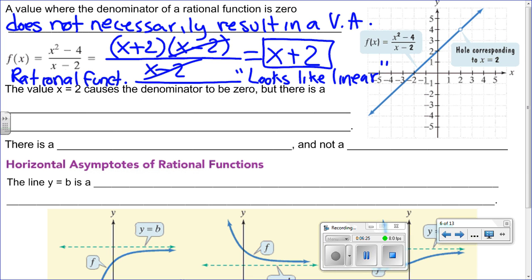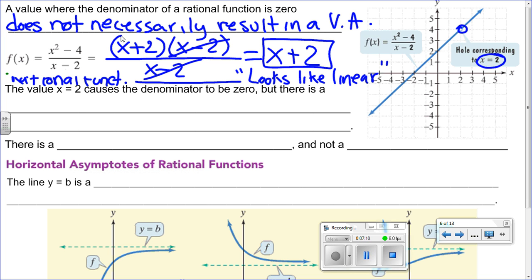And that's why the graph is just a line. But if you look at it closer, it does have a discontinuity. It has this open circle here for that x value that will cause the denominator of the original to be 0. If you look at the original function here and try to find f of 2, and you put a 2 here, you will cause the denominator to equal 0. On the original function, you can see why it is undefined clearly, right? On the linear, you cannot, but you still need to be careful.